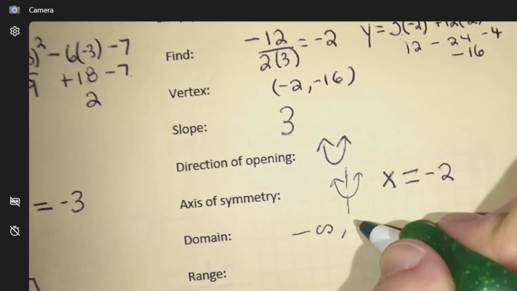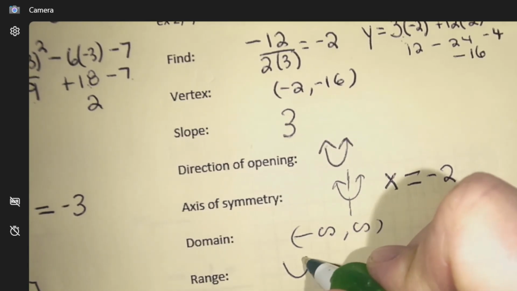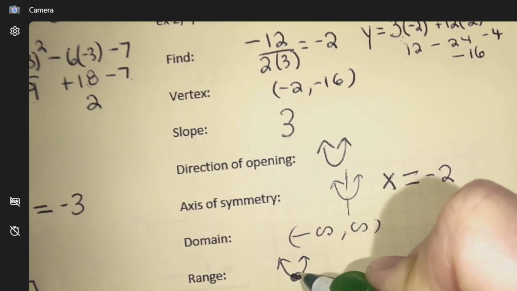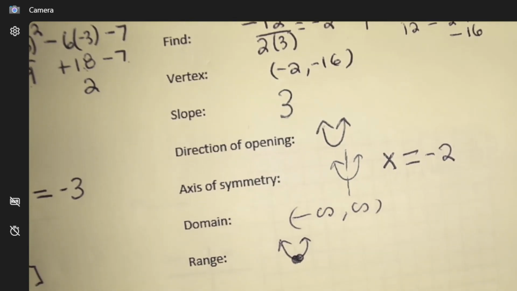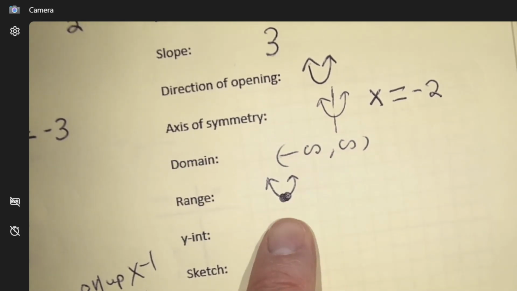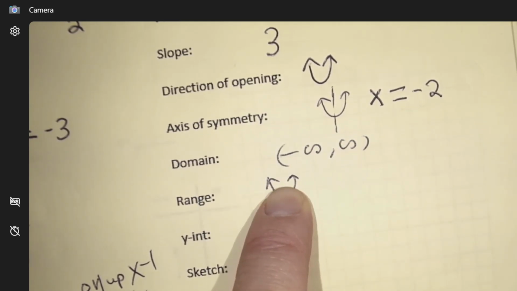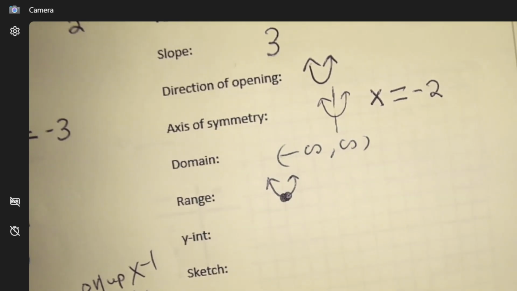Domain, have we mastered that one? Negative infinity to infinity. Range, I like to draw myself a little picture because it's opening upward. So now I think the bottom is a number and the top is up. Okay?